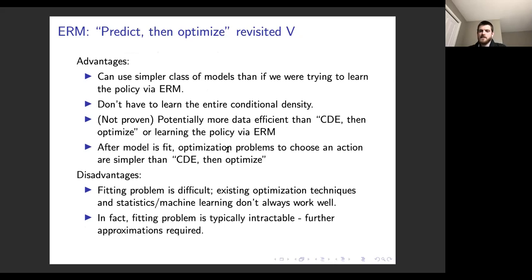And so existing optimization techniques and existing statistics or machine learning techniques don't always work well for this fitting problem. We need new techniques for solving these fitting problems. In fact, this fitting problem so far seems to be, I'd say, intractable in a lot of cases. So you have to approximate it. You won't solve it exactly.